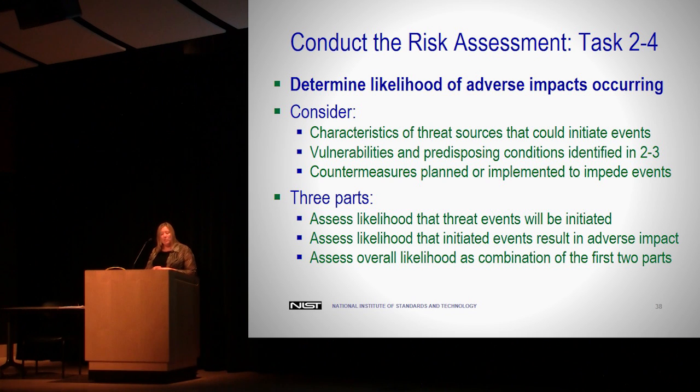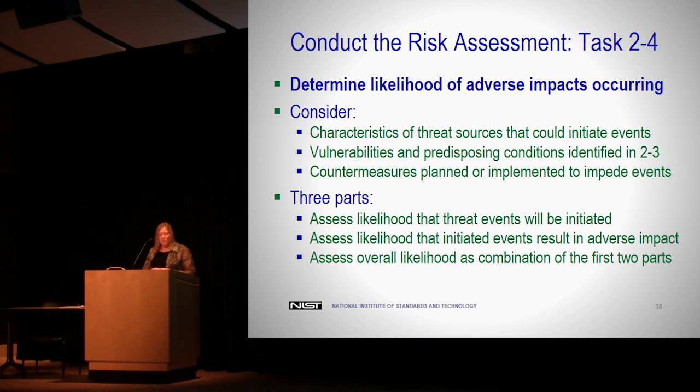Then we have three moving parts here with likelihood. We look at the likelihood that the threat event will actually be initiated. So that's one part. Then we look at the likelihood that initiated events are going to cause an actual adverse impact. Maybe it's going to happen, but the likelihood of it resulting in an adverse impact maybe isn't as likely.